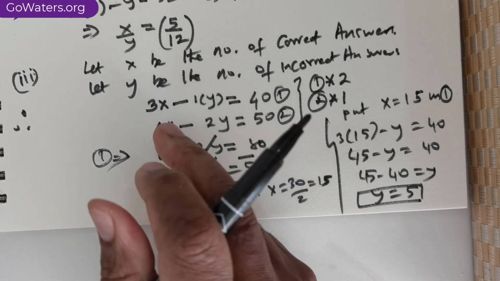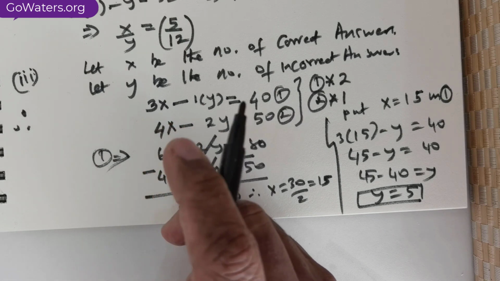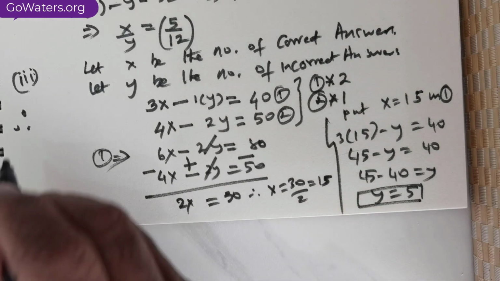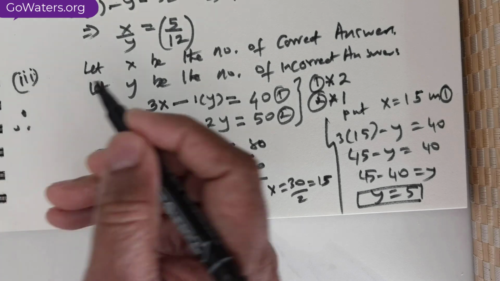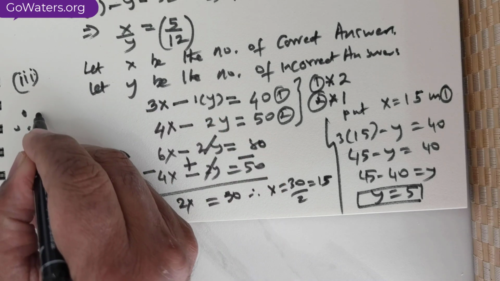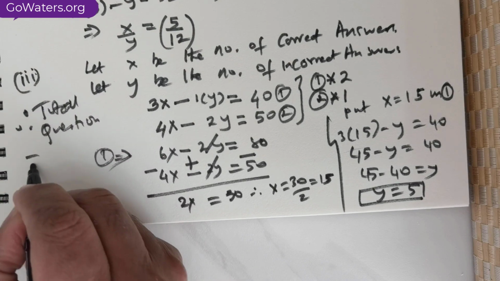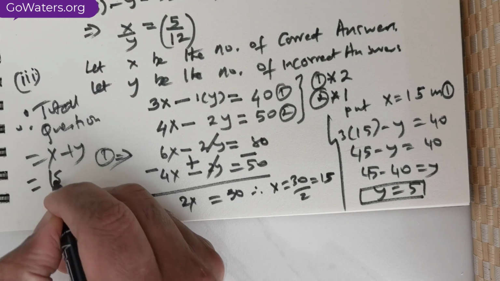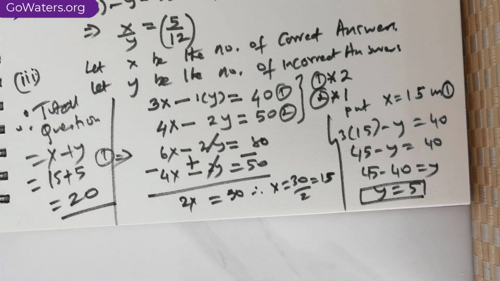So the effect of the change in the scores has no implication whatsoever on the number of questions in the paper, or the number of questions answered correctly versus incorrectly by the student. So the total questions is equal to x plus y, and my x is 15 and y is 5. So 20 questions are there in the paper. This is the final answer for the question.